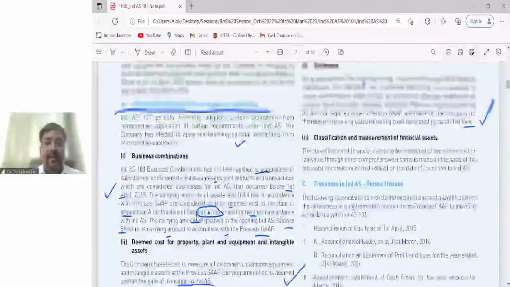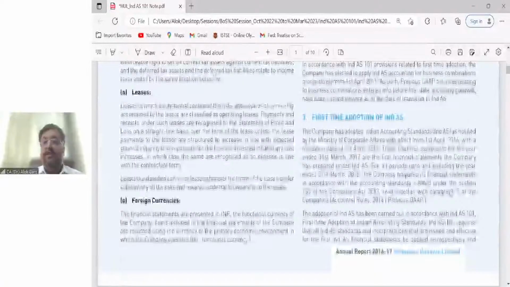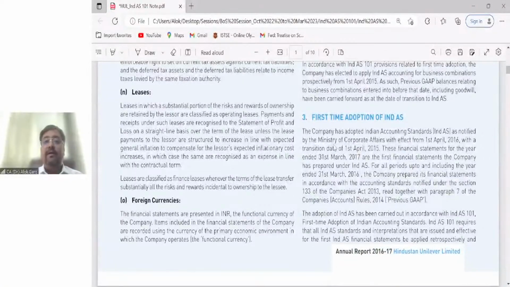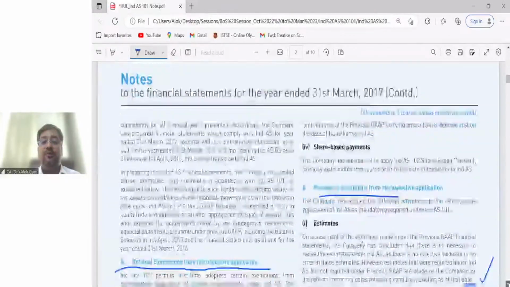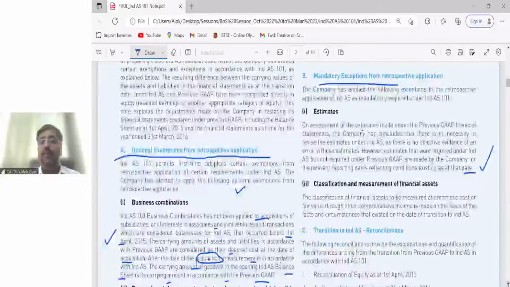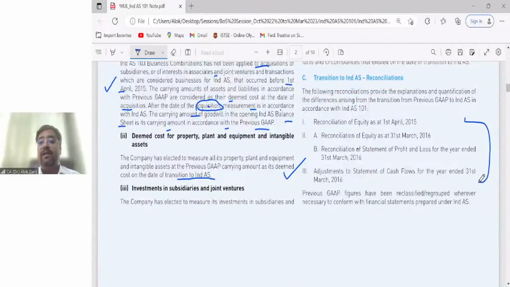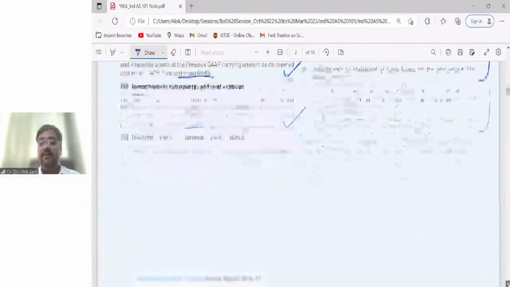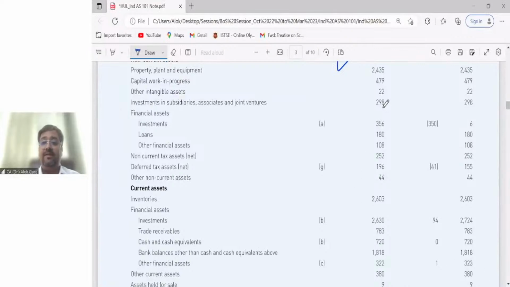First of all, they have given a separate section, first time adoption of Ind AS, where they have explained that they have done the first time adoption of Ind AS, restated the comparative and given the opening balance sheet. Then they have also explained the mandatory exceptions and optional exemptions, and then the reconciliations, which I have shown you in the last class: balance sheet reconciliation and P&L reconciliation.